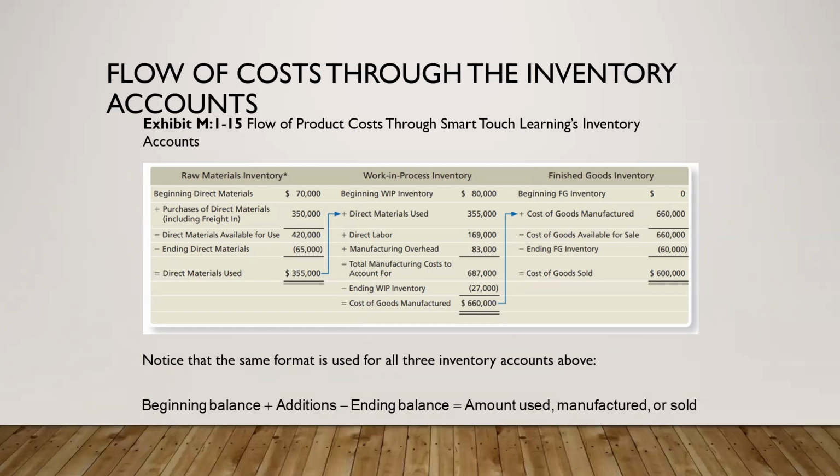It shows the three inventory accounts: raw materials, work in process, and finished goods inventory. You should notice that the same format is used for all three inventory accounts: you have your beginning balance plus additions minus ending balance equals amount used, manufactured, or sold.